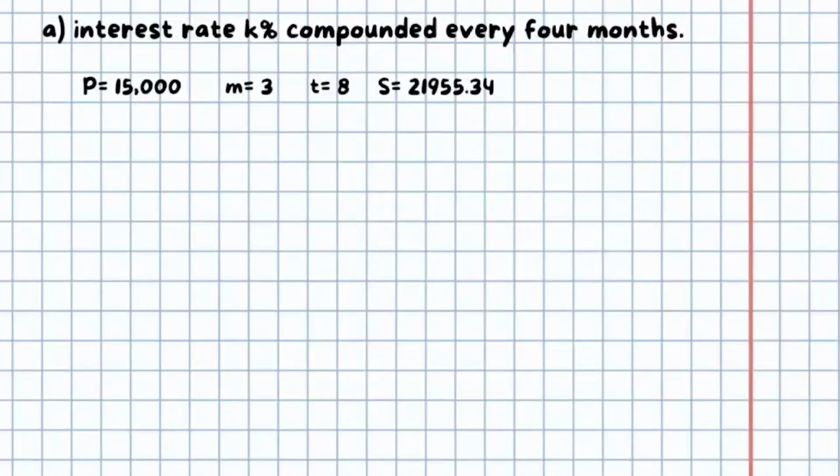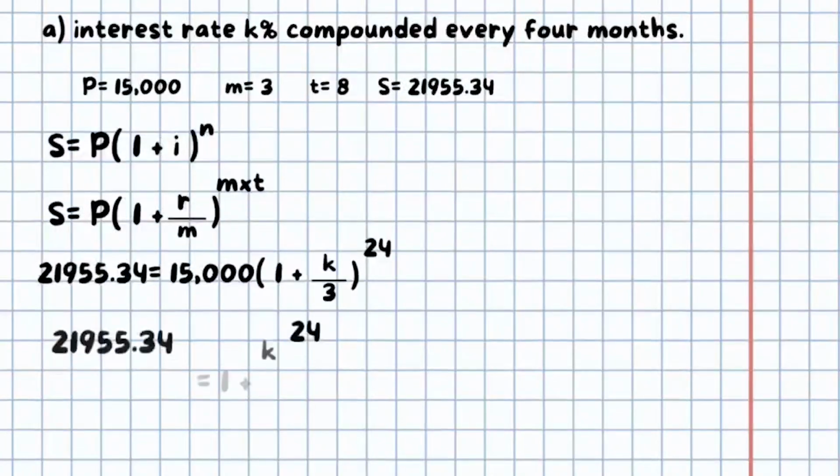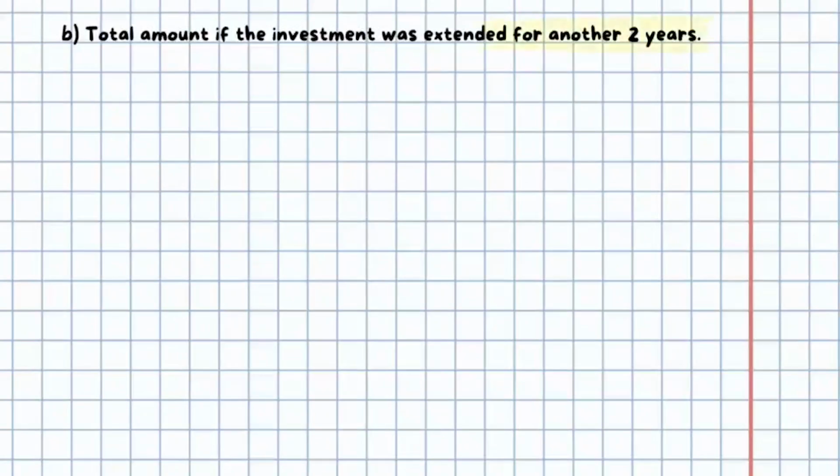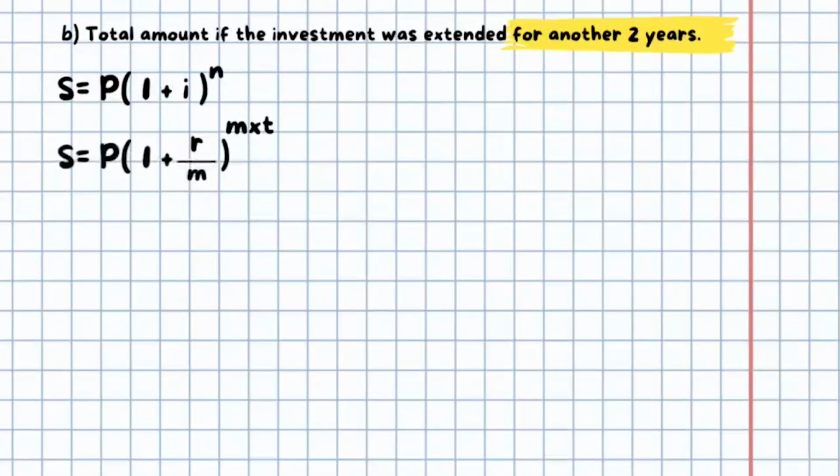The problem solving of this question is P equal 15,000 ringgit, M equal 3, T equal 8, and S equal 21,955.34 ringgit. You must use the future value formula to get the K percent for the interest rate, and your final answer will be 4.8%.